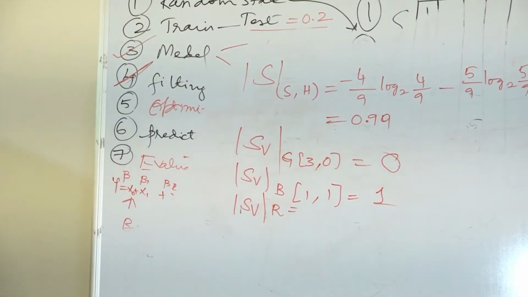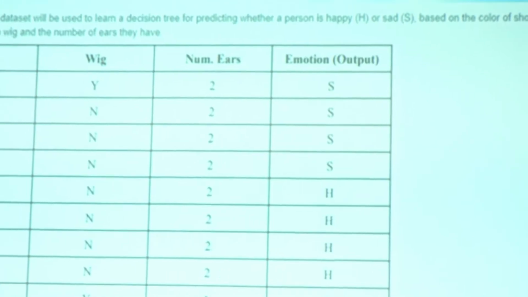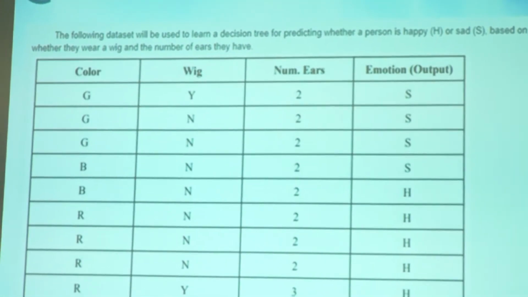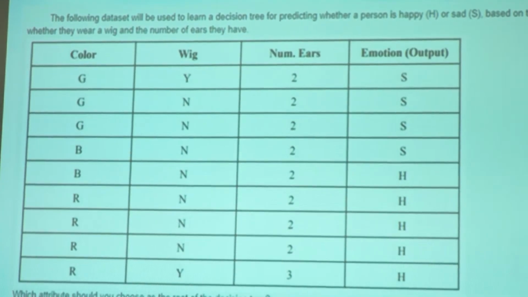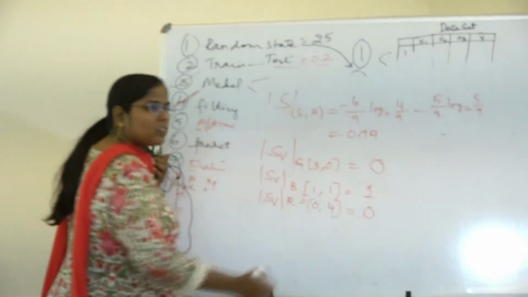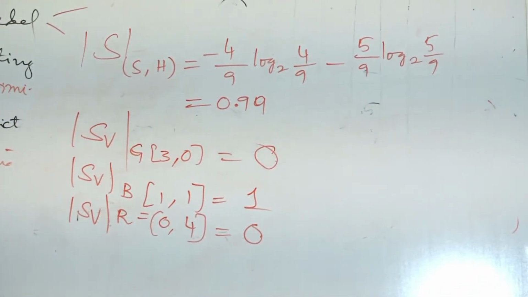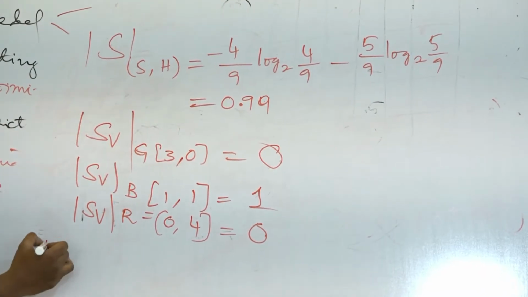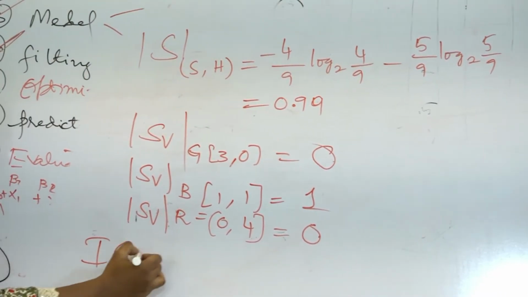Next, for red, all are happy. Means 0. Now I need to calculate the information gain.